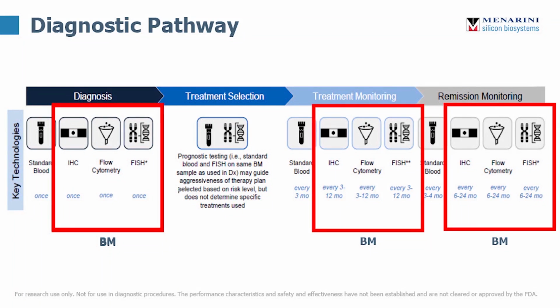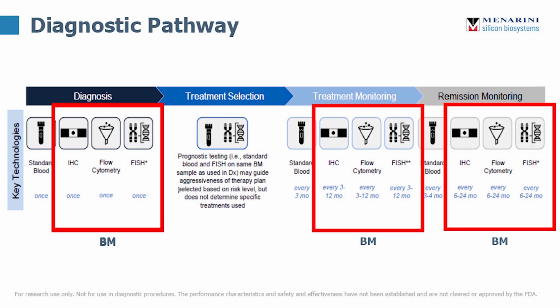So how is this monitored and diagnosed in our patients? Well, the diagnostic pathway begins with a standard blood test and a host of cellular assays and molecular assays on bone marrow biopsy. Treatment selection is then made, and then testing is repeated during monitoring and remission if treatment is successful in these patients.